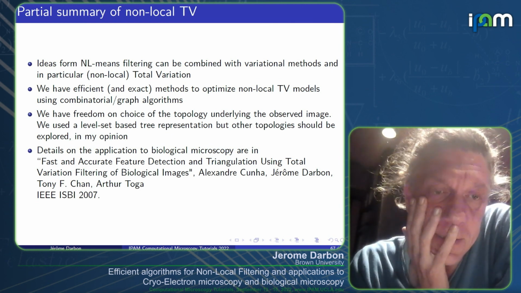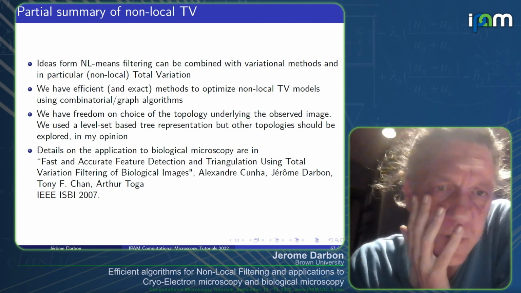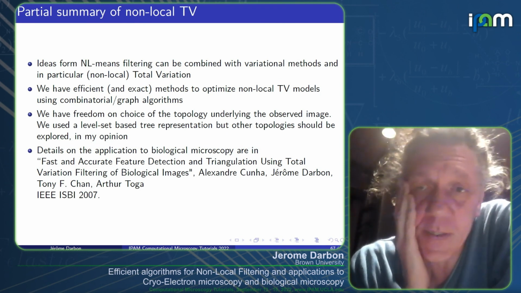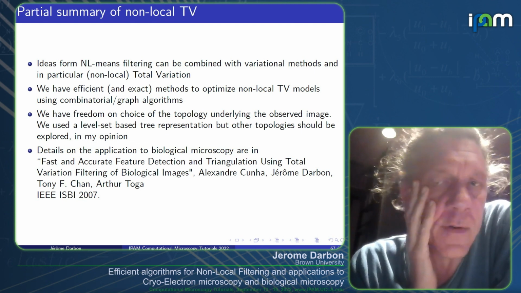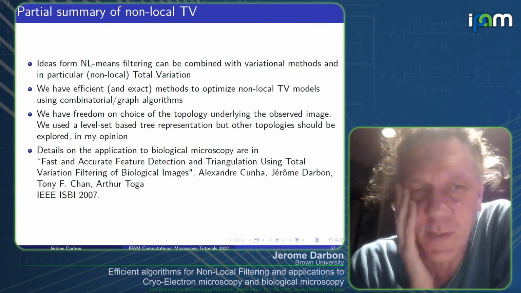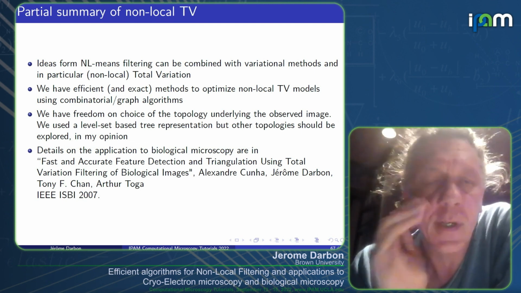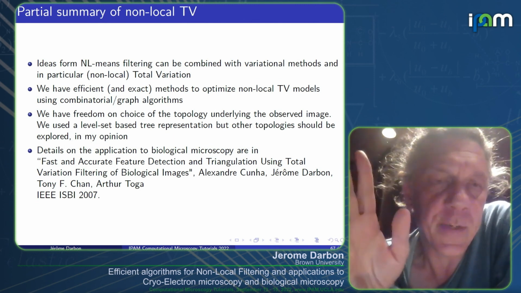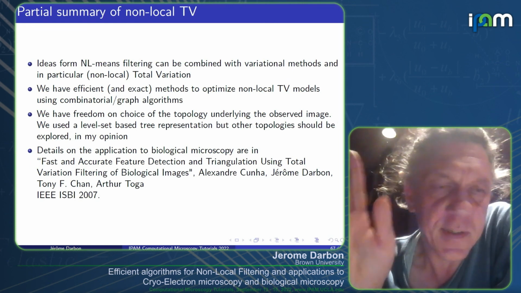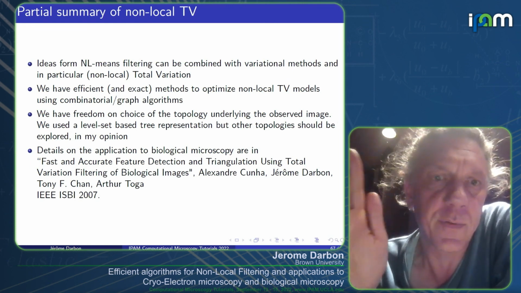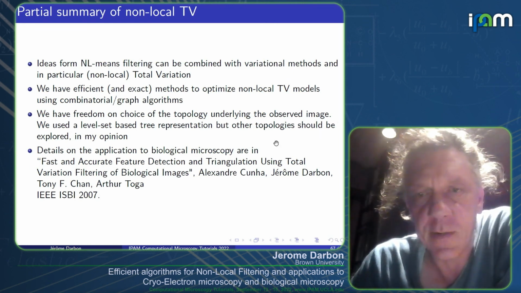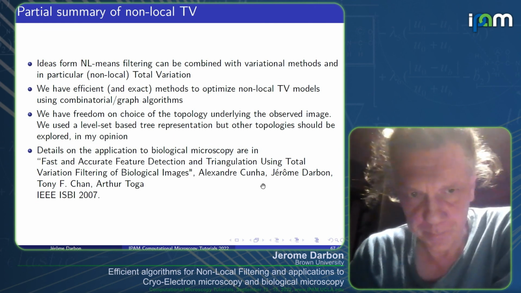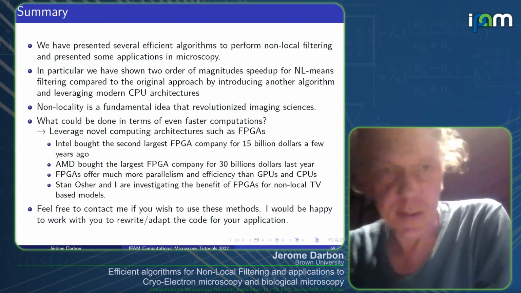I only considered in my research the level set based approach that I just presented to you, but I firmly believe that there are other topologies that should be explored for other applications. It's changing the topology. We know from non-local means that this is a very powerful tool for applications. And here I give you the reference for the paper that describes these results.